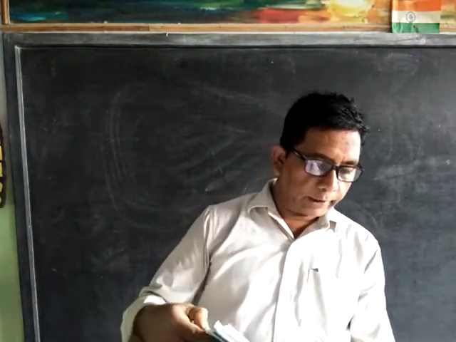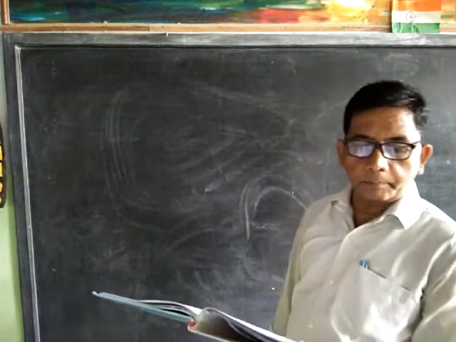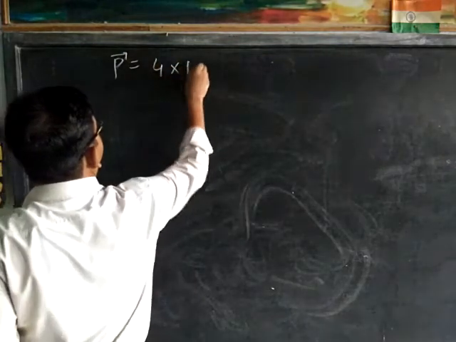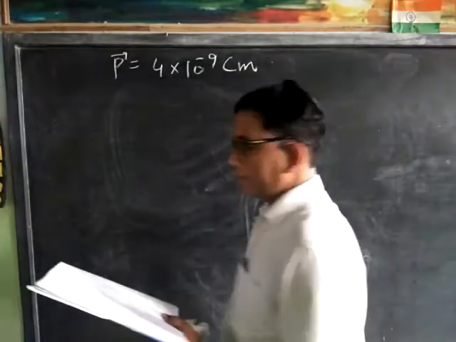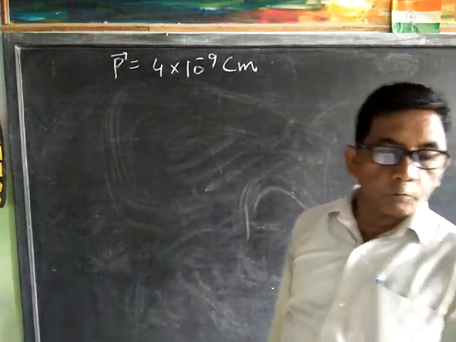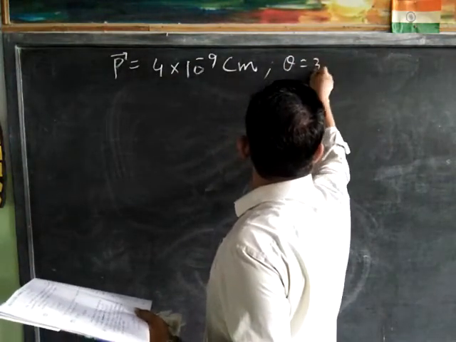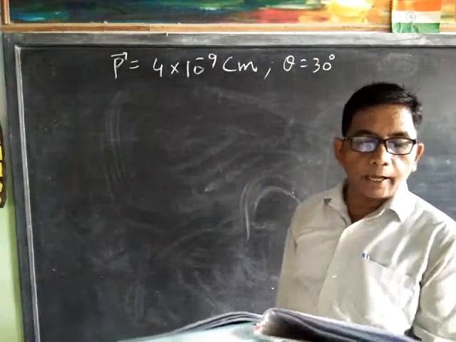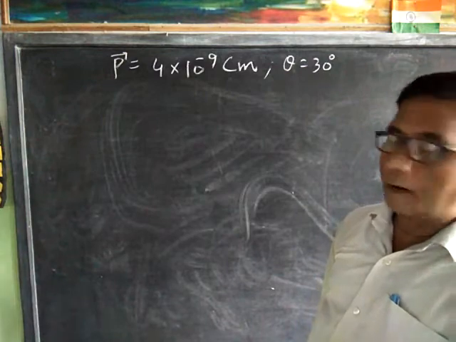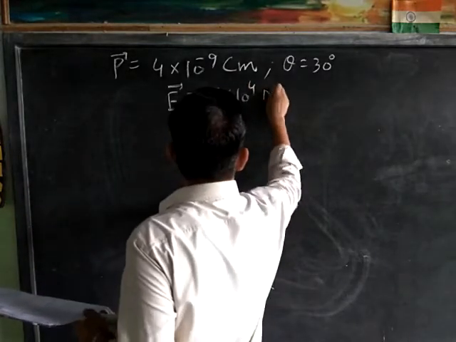Our next question is: an electric dipole with dipole moment P equal to 4 into 10 power minus 9 coulomb meter is aligned at angle theta equal to 30 degree with the direction of a uniform electric field of magnitude E equal to 5 into 10 power 4 Newton per Coulomb.